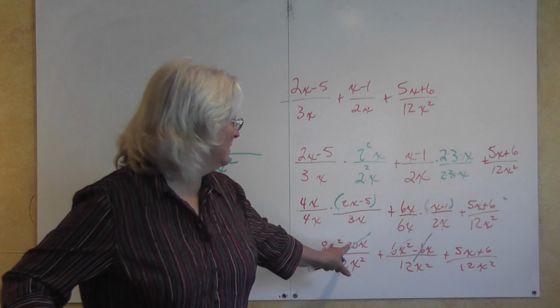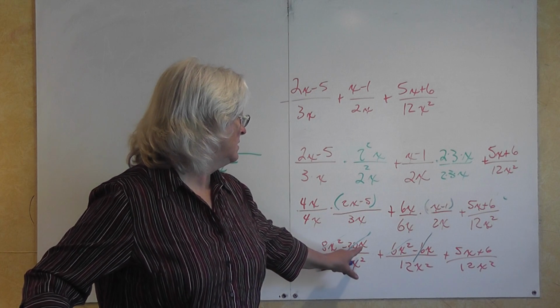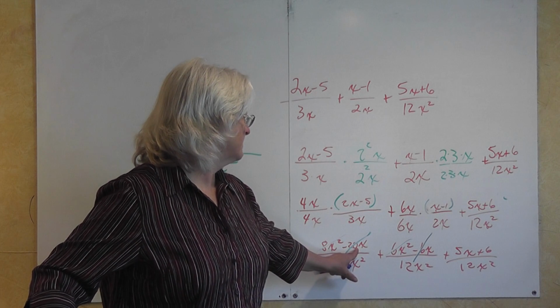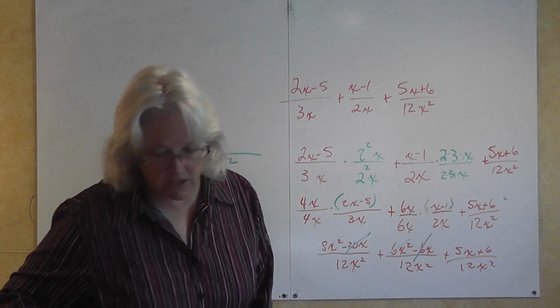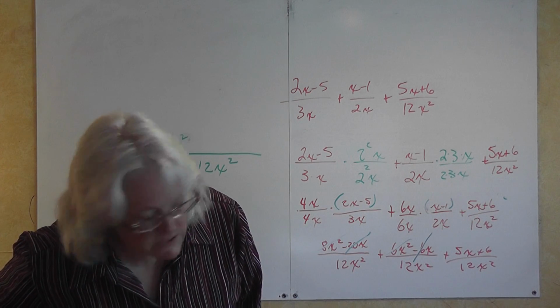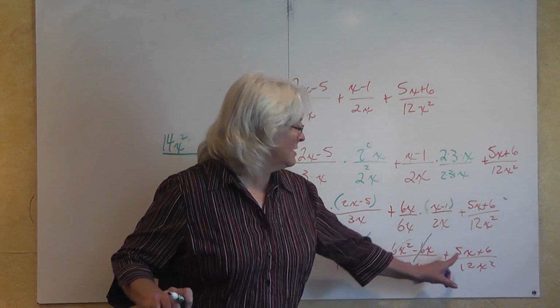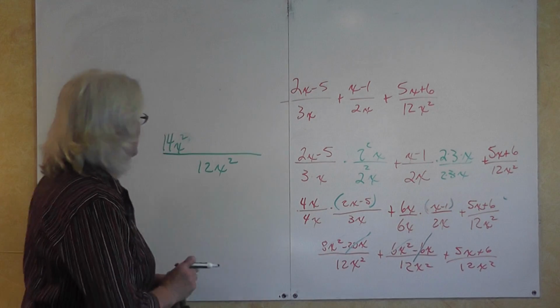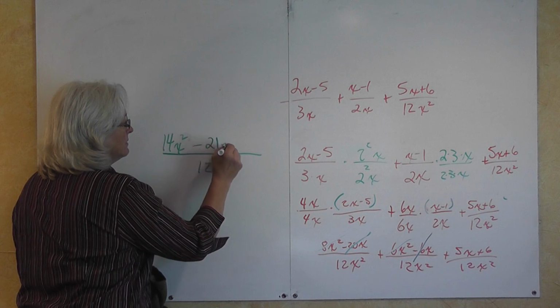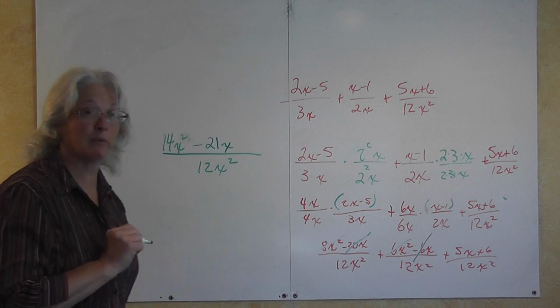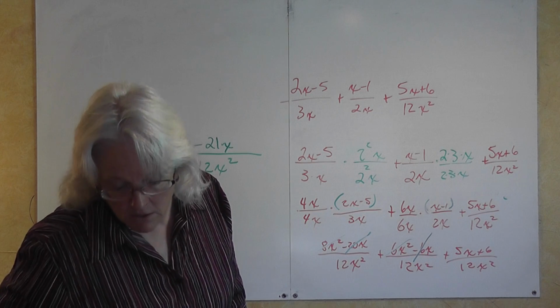Negative 20x minus 6x should be a negative 26x, plus 5x is a negative 21x. Everybody tracking with me on that?